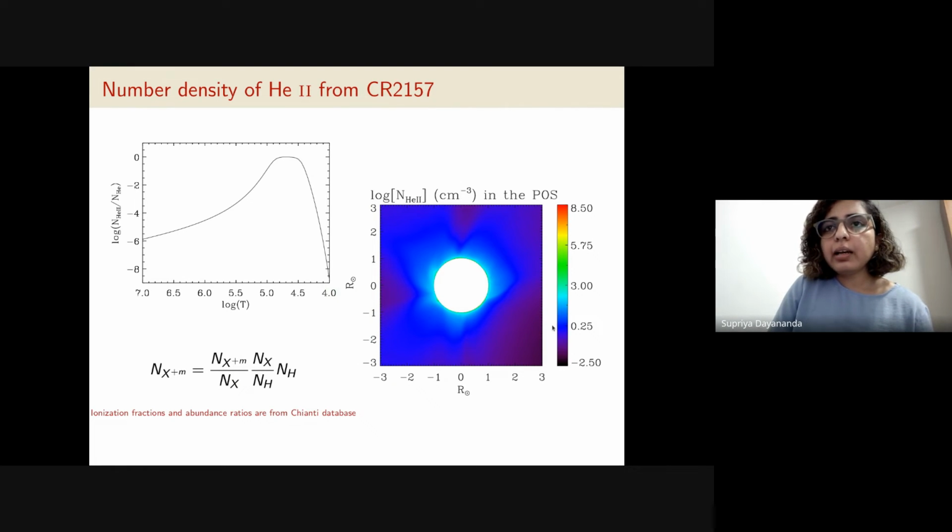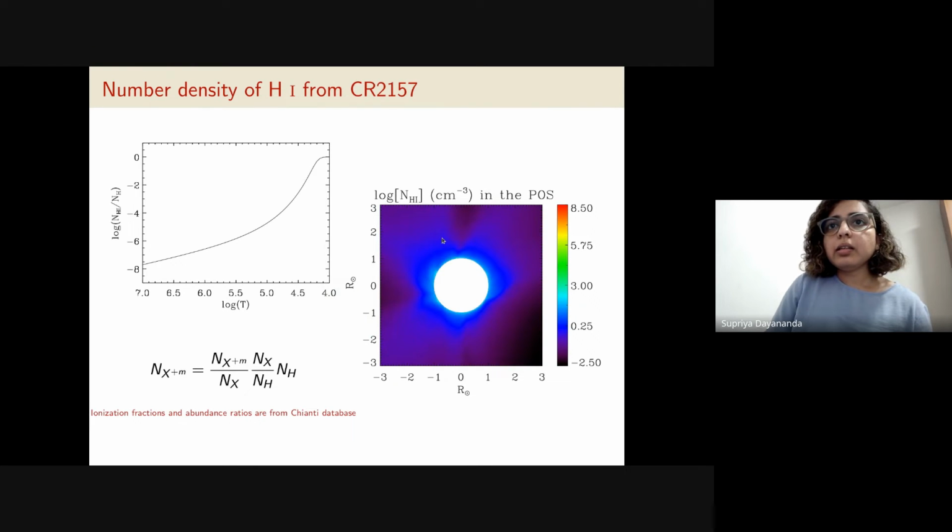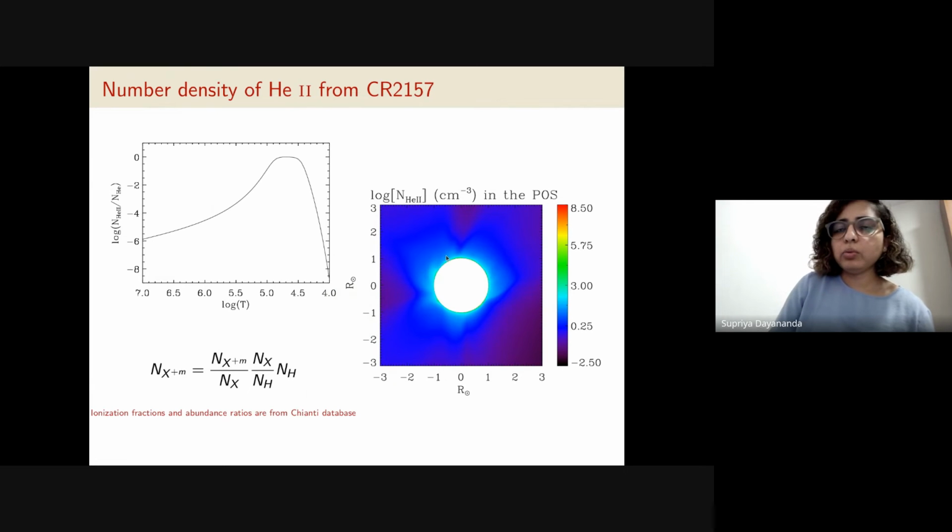And you see that, notice the color scale here. The bluer it is, blue to green it is, the numbers are going up. So the hydrogen number densities are much lesser than that of helium-2 number densities. Obviously, because if you look at the ionization fraction for these two, then the helium-2 ionization fraction is for the coronal temperature, say for 1,000,000 degrees, is around 10⁻⁵.